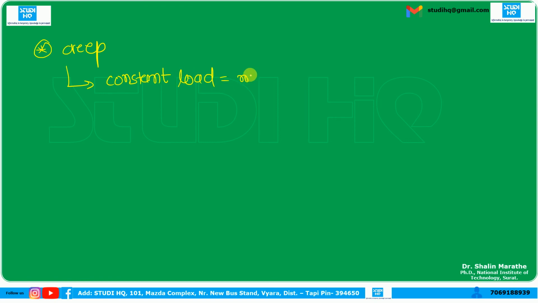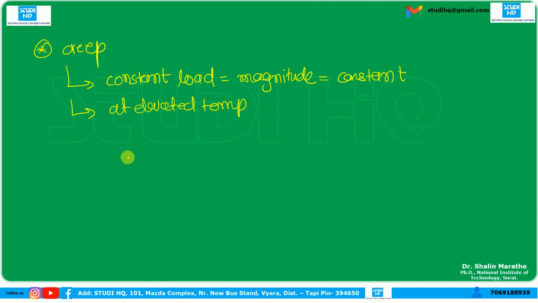Constant load means the magnitude of load is constant. We are not changing the magnitude of load, but it is related to elevated temperature, not room temperature.